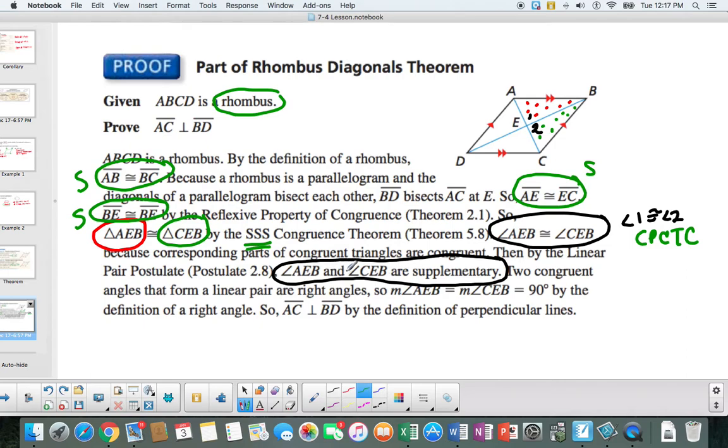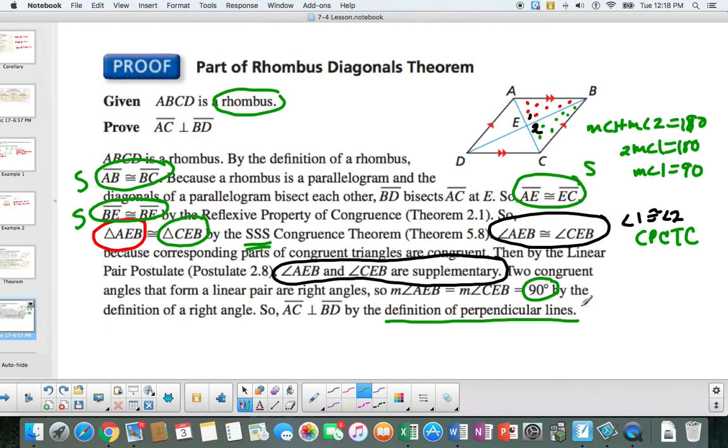But they're also supplementary because they're a linear pair, which means angle 1 plus angle 2 have to equal 180, and they're both exactly the same. So 2 times the measure of angle 1 is equal to 180, therefore the measure of angle 1 is equal to 90. Equal to 90 means that these lines are perpendicular.